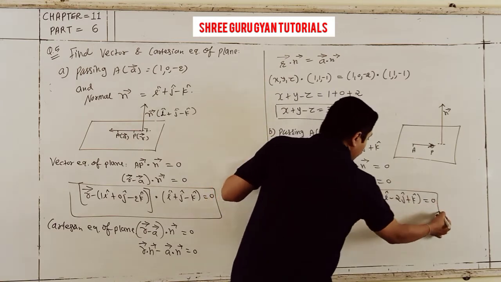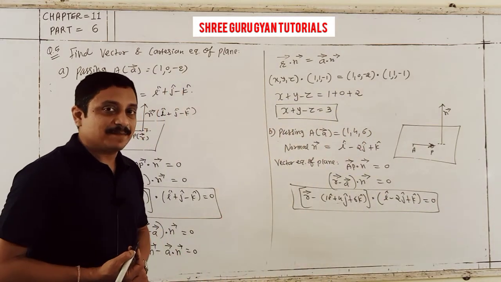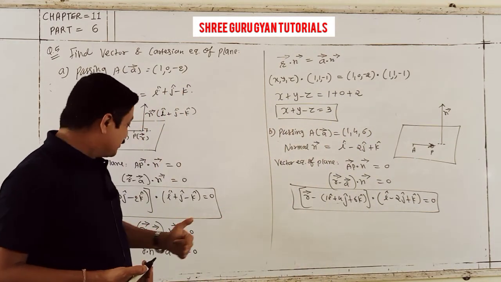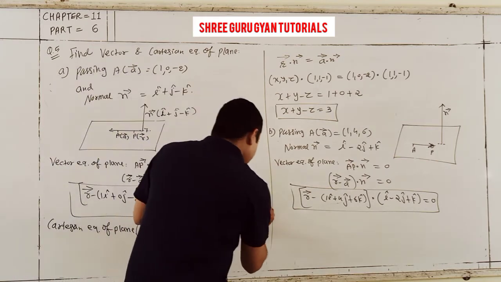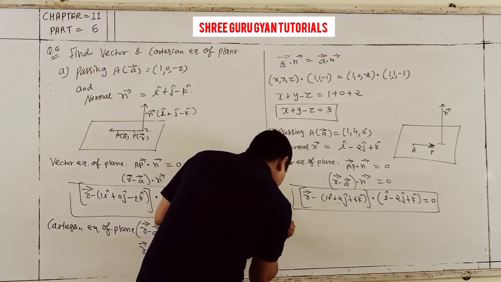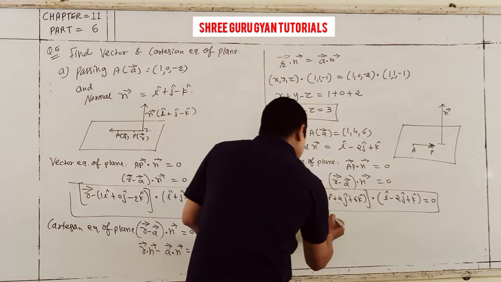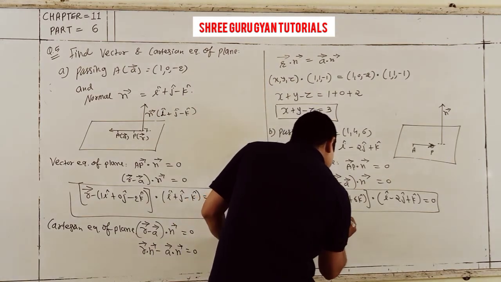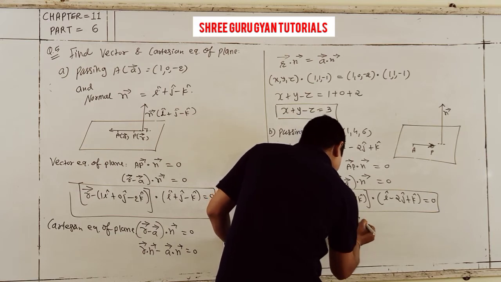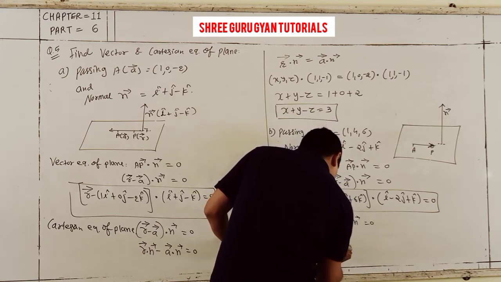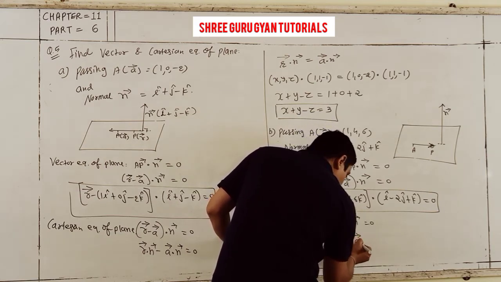That's your vector equation of the plane. Now if I further go to Cartesian form, yes, Cartesian form, so I will write down r minus a dot n. So r dot n is equal to a dot n, and apply the value.